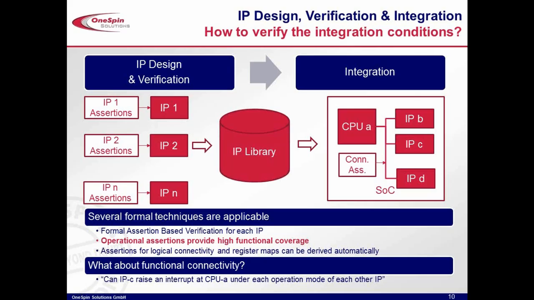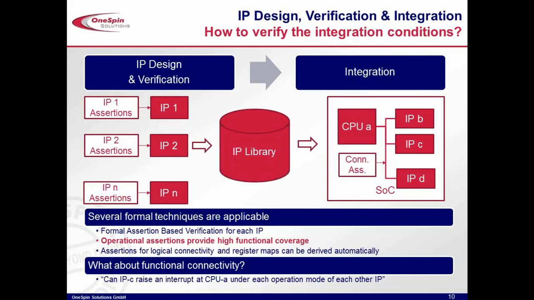Now, the question is, hey, can I use this assertion to do IP integration verification? By the way, just to be clear, this goes beyond the connectivity check. It's not just a wiring check.